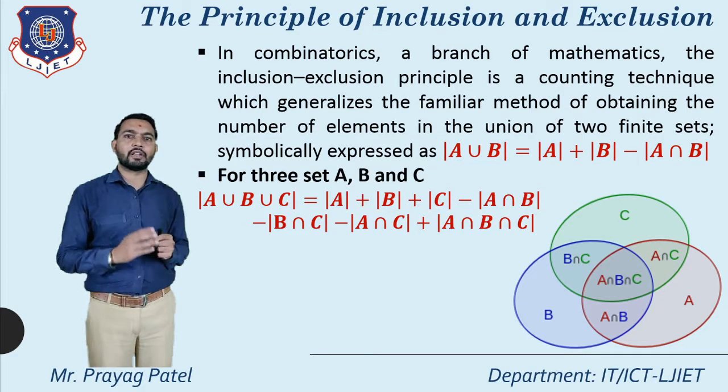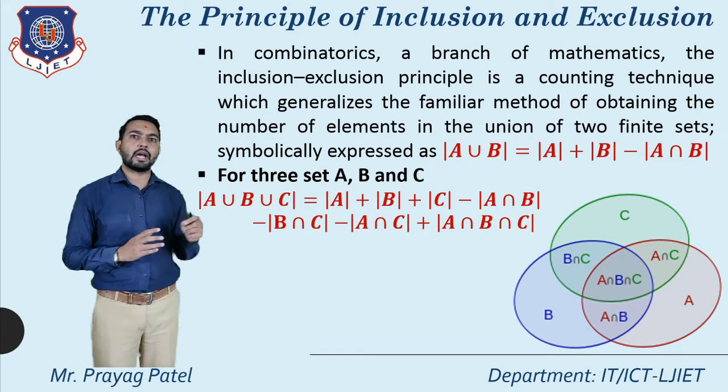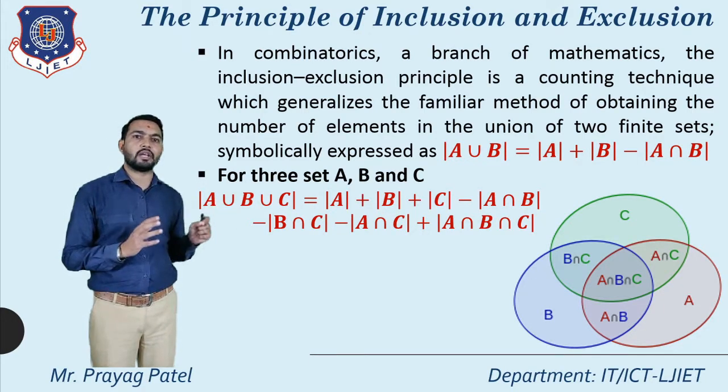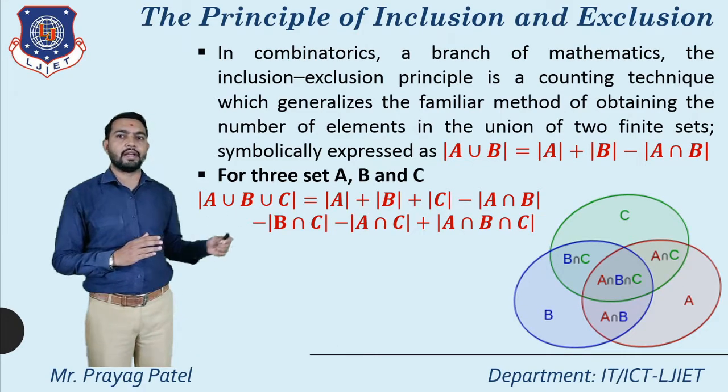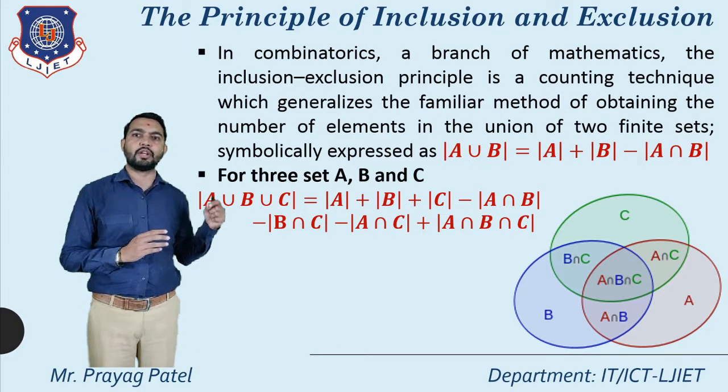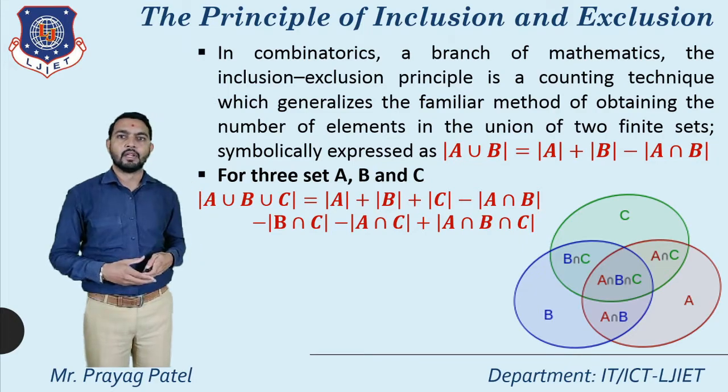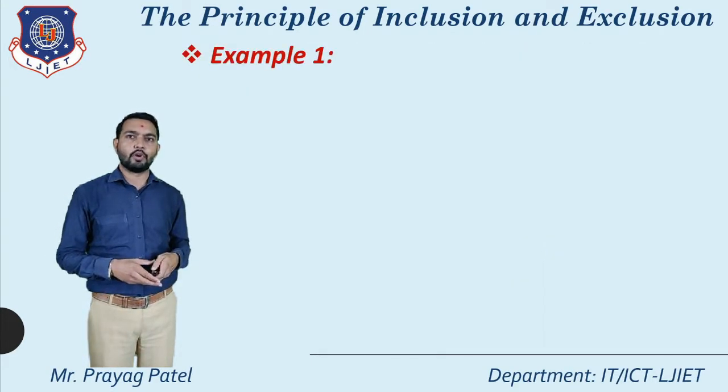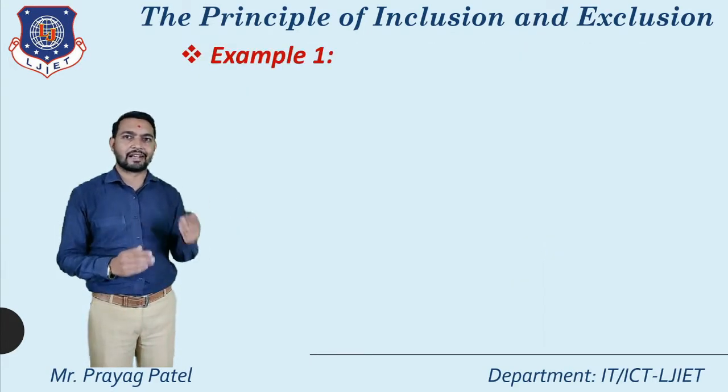This is the formula for three sets. The previous formula for A union B is only for two sets. If we want to find A union B union C, we use this formula. This is the simple formula for inclusion and exclusion.